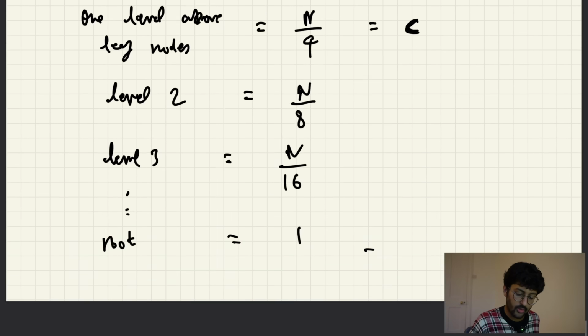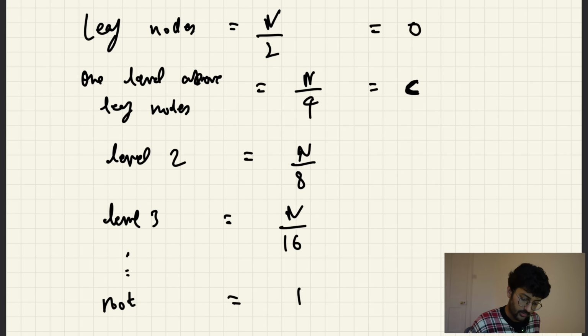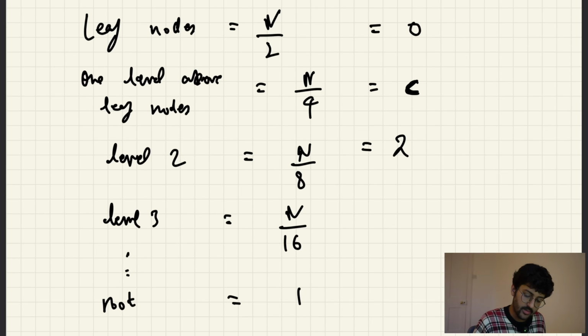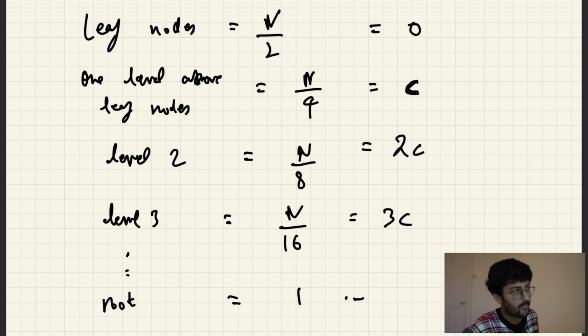For level 2, it is 2 above, so 2 into c. This is taking 3 into c. Similarly, for the very last one, the root level, it is log of n, so log of n into c.